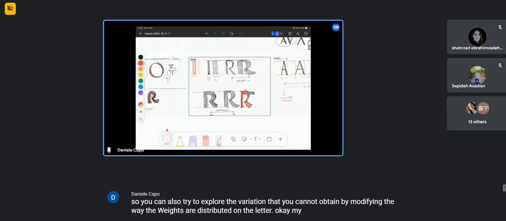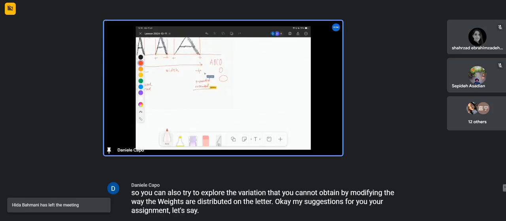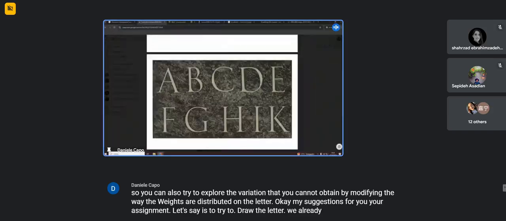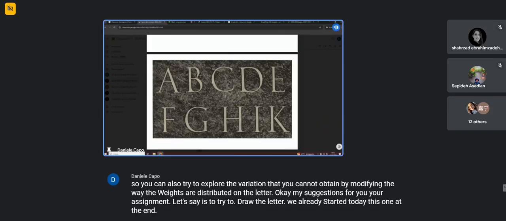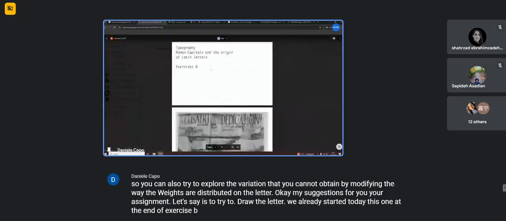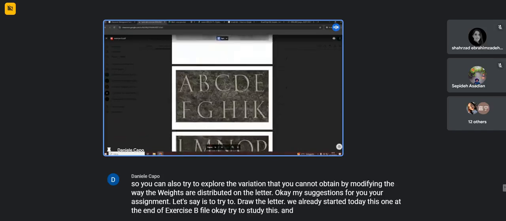Okay, my suggestion for you, your assignment, let's say, is to try to draw the letters we already studied today, this one at the end of exercise B5. Okay, try to study this and try to change one of these variables.